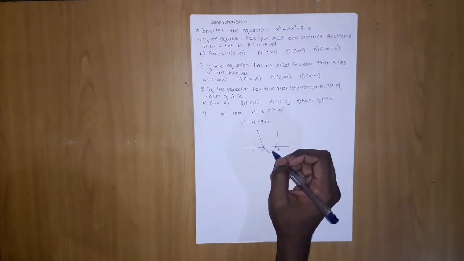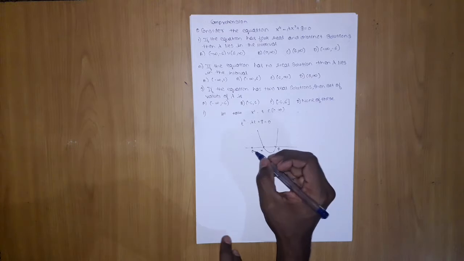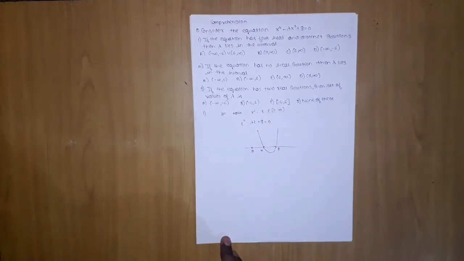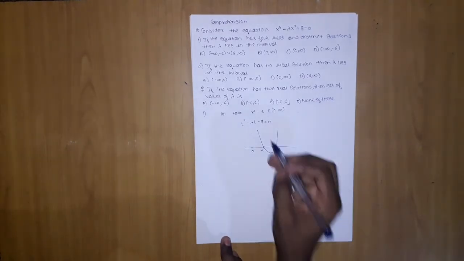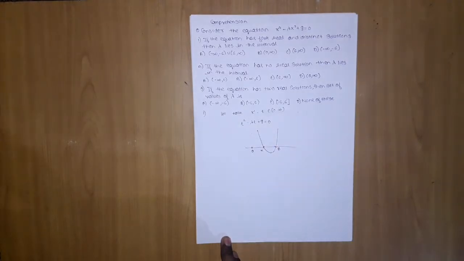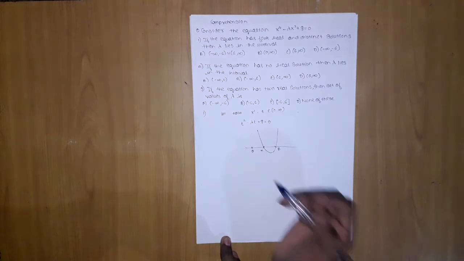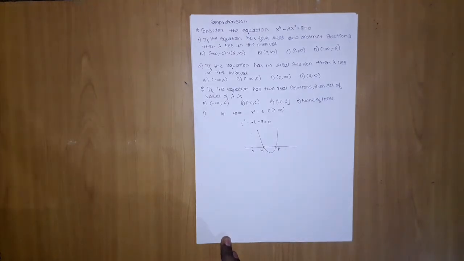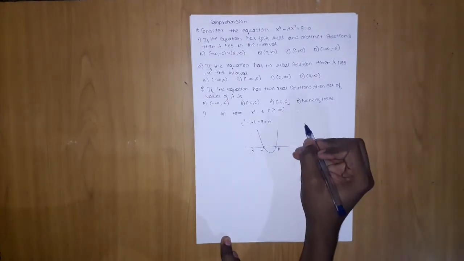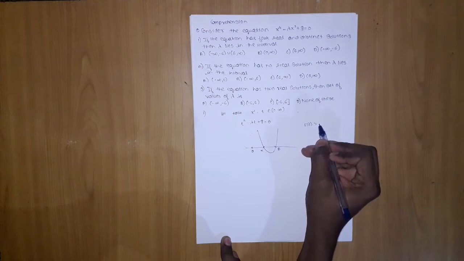Now let's check the conditions. For the roots to be real and distinct, they should lie after 0 in this range. What are the conditions for this location of roots, alpha and beta greater than 0? First, f of 0 should be greater than 0.